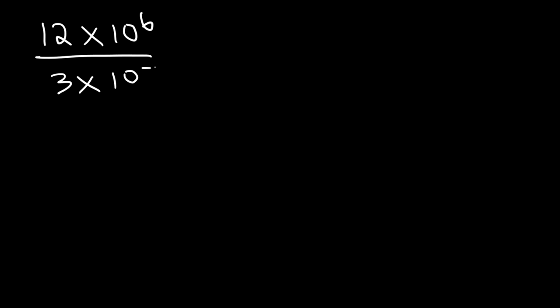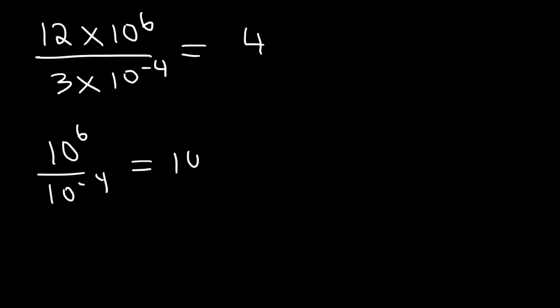Now let's talk about how to divide two numbers in scientific notation. So let's divide 12 times 10 to the 6 by 3 times 10 to the minus 4. So first you do 12 divided by 3, which is 4. And now 10 to the 6 divided by 10 to negative 4, what you need to do is subtract the exponents.